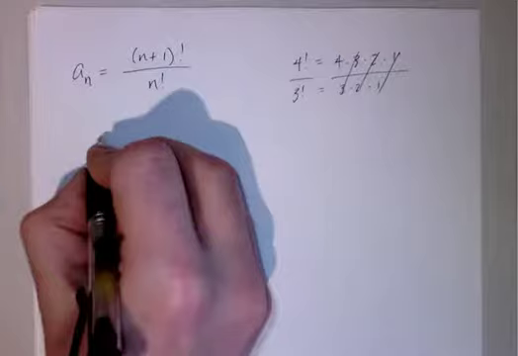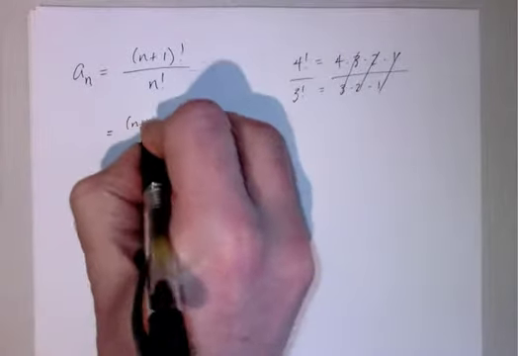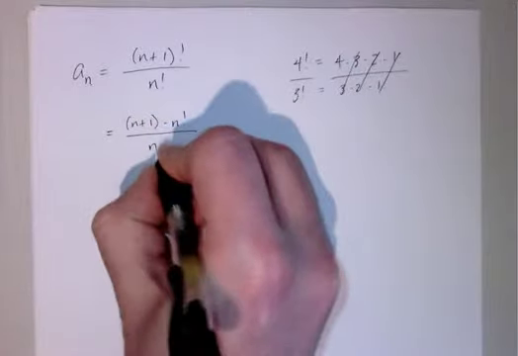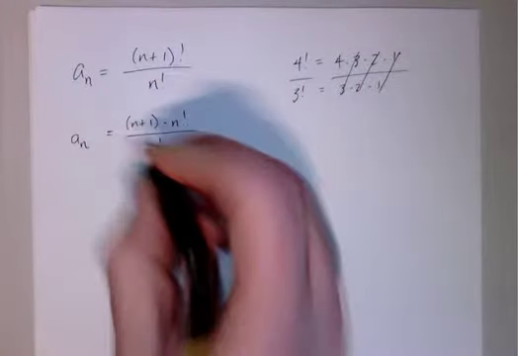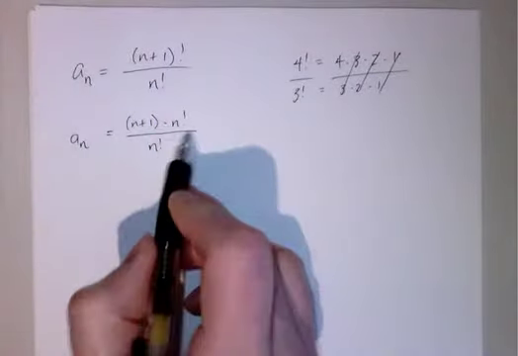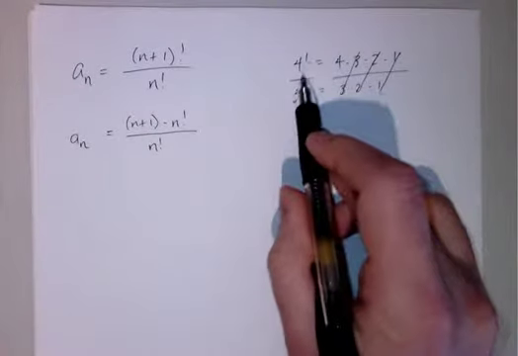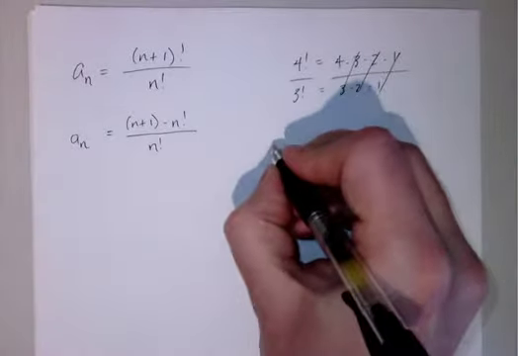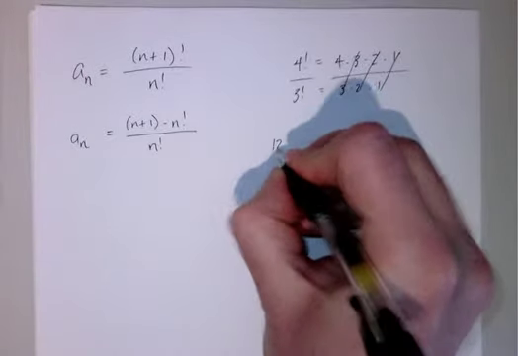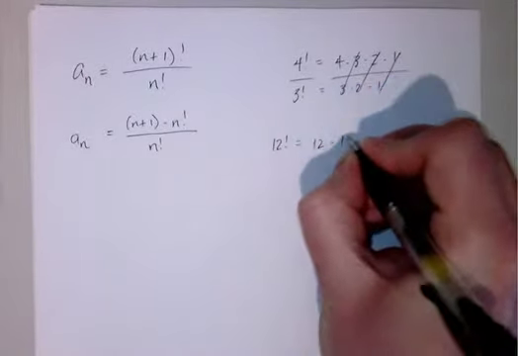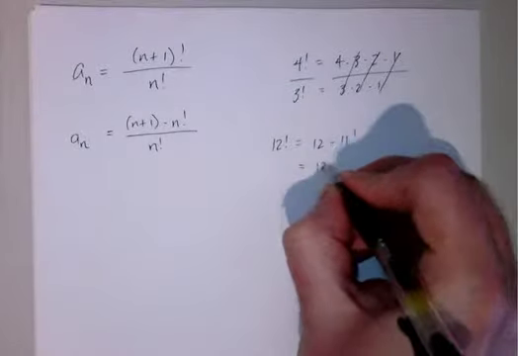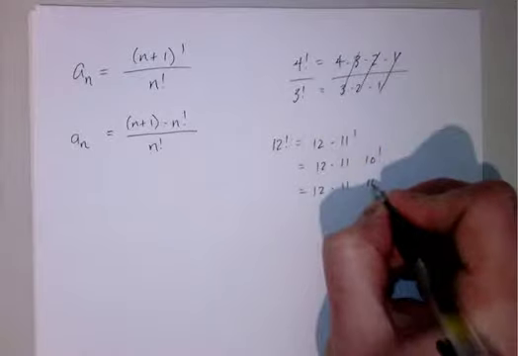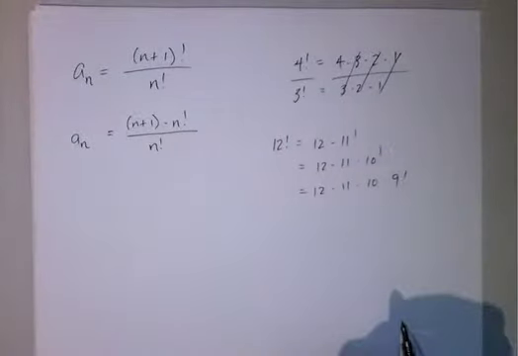And so what we can do is finagle it just in general. I know that n plus 1 factorial is actually n plus 1 times n factorial, just like 4 factorial is 4 times 3 factorial, right? And we've done this before, 12 factorial is 12 times 11 factorial, or 12 times 11 times 10 factorial, or 12 times 11 times 10 times 9 factorial, right?